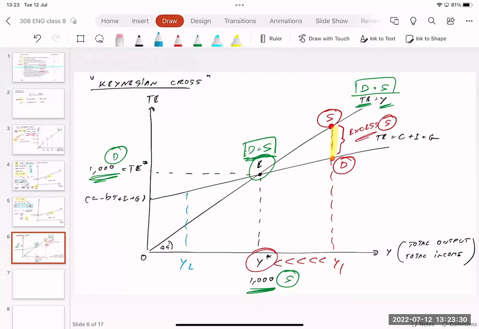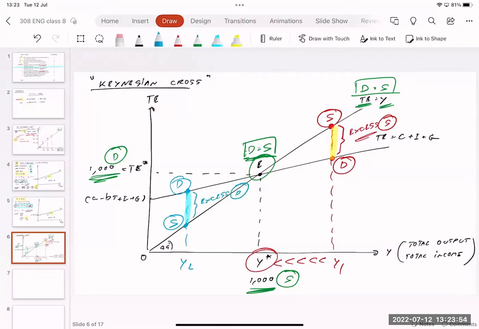On the left-hand side, for the blue color, Y2, the 45-degree curve represents supply, the amount you're going to produce. On the total expenditure curve, total expenditure represents demand. As you can see, demand is higher than supply, so you have an excess demand problem.